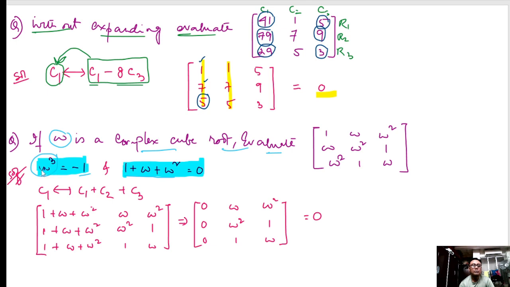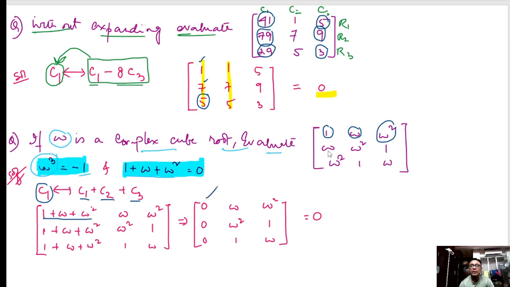So now let us apply them. In the first column, what we have to do? We have to add C1 plus C2 plus C3. That means add this plus this plus this and put it where? In the first column. So 1 plus omega plus omega square, you put it in the first column, and whose value is 0.